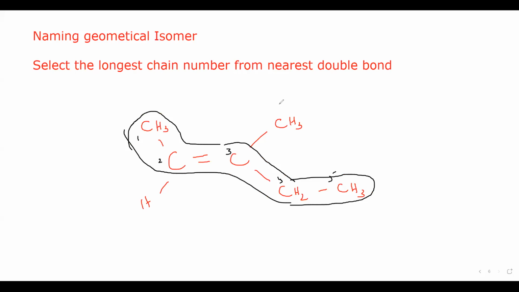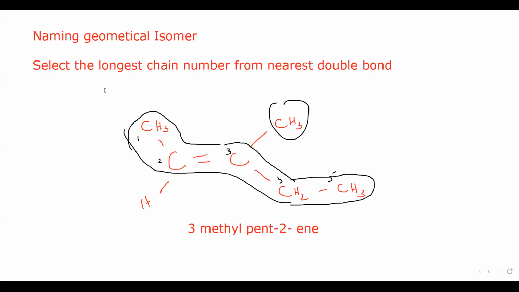At the third position, we have a branch. For 5 carbons, it's pent. And at the third position we have a branch, so it is 3-methyl. And 5 carbon is pent, and there is a double bond at the second carbon, so it is pent-2-ene.